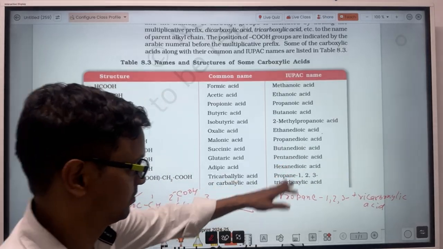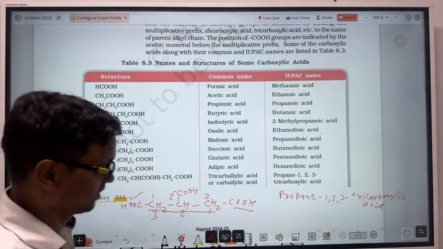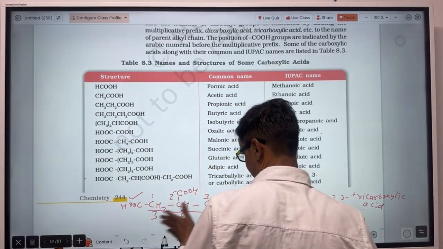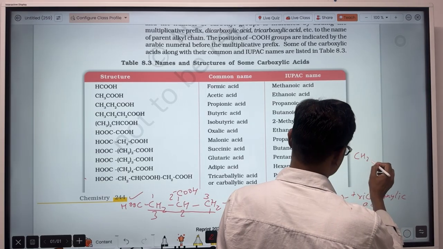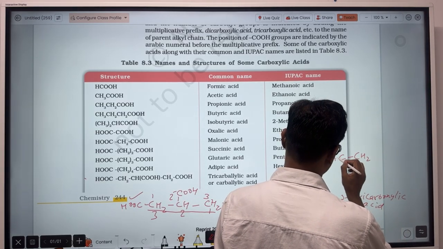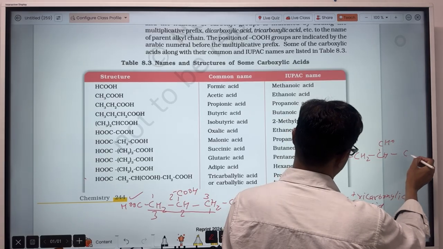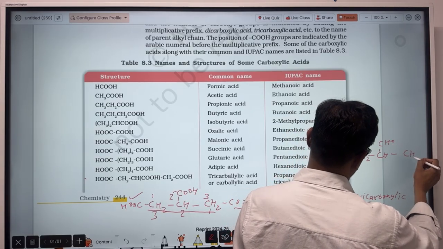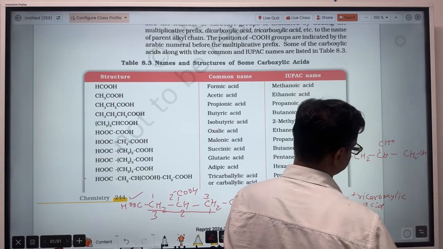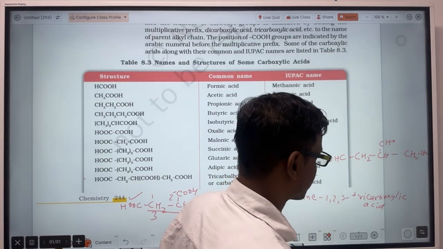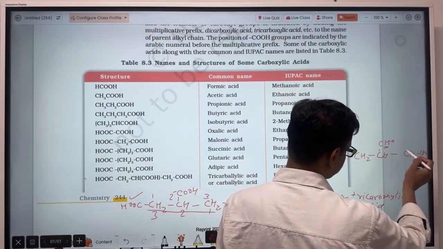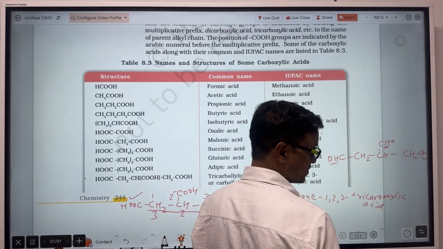Recall that we have discussed also in the case of aldehyde, if there was a compound like this, here CH2, CHO. So how did we do the nomenclature? We did not include this one, this one, and this one in the main chain.